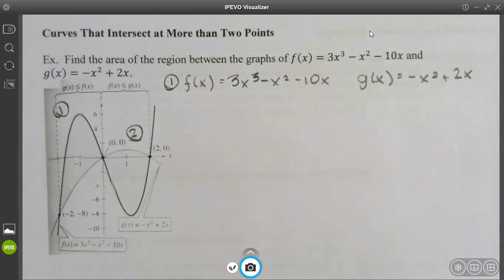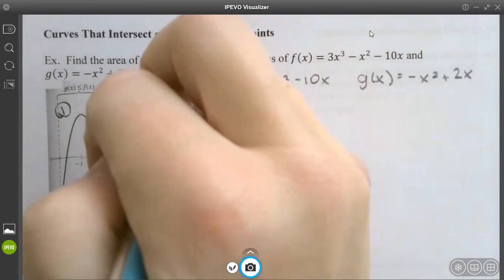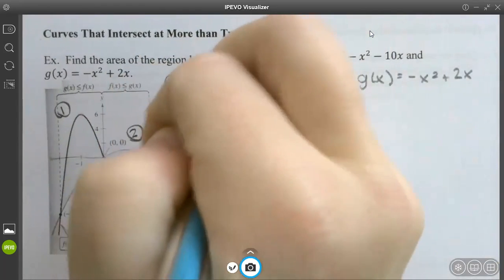Why? They already gave me the points of intersection. On a typical time when they don't give you the graph, absolutely set them equal to each other so you can find a and b, but we don't have to this time because they give them to us. The question is, what do I do to find the actual area? What do I have to do to these two functions? Subtract them. So we're going to do f of x minus g of x this time.